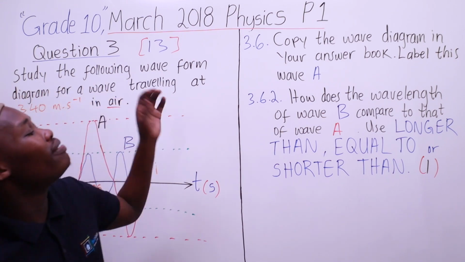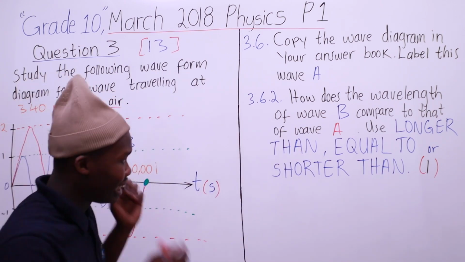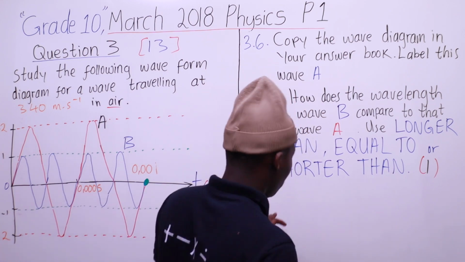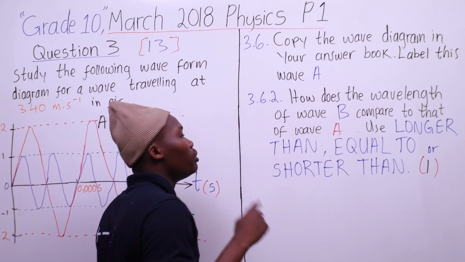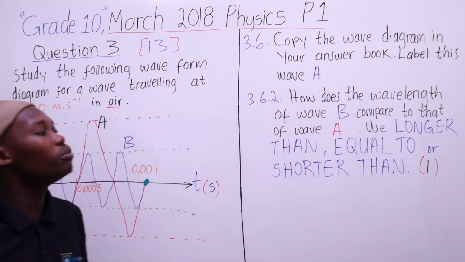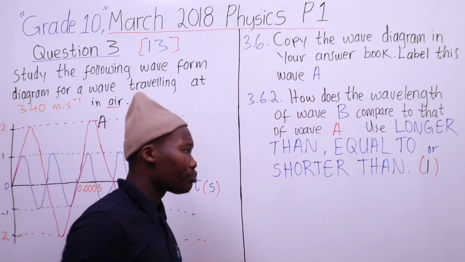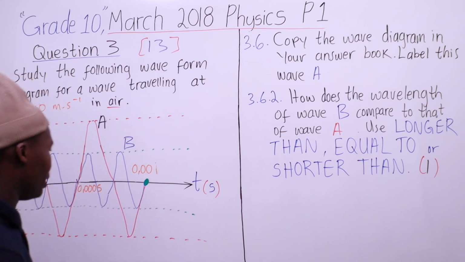Okusho ukuthi i-wavelength ka-A le kade ikhona nale wavelength ka-B ikanjani, yiphi enkulu yiphi encane? But bona bathini u-B ncane noma mkhulu ngino-A, kodwa bathi asebenzisa amagama u-longer than futhi u-B mude ngino-A, or equals to u-B alingana no-A, or shorter than u-B mncane no-A.